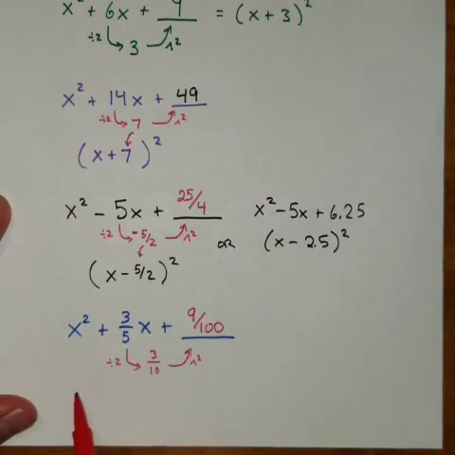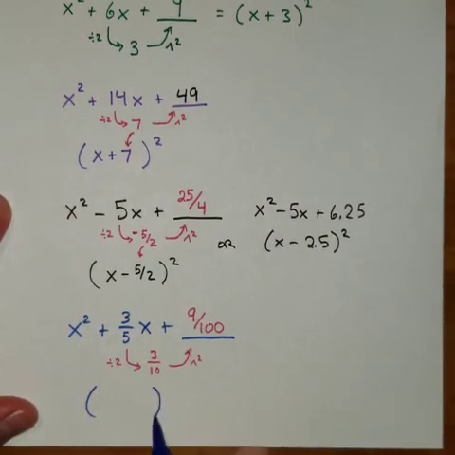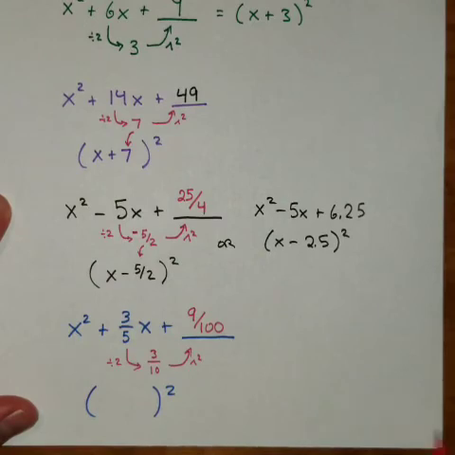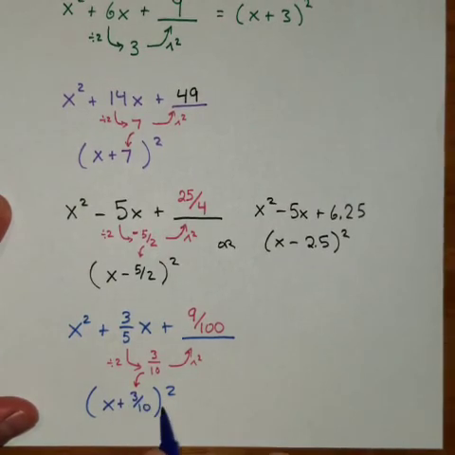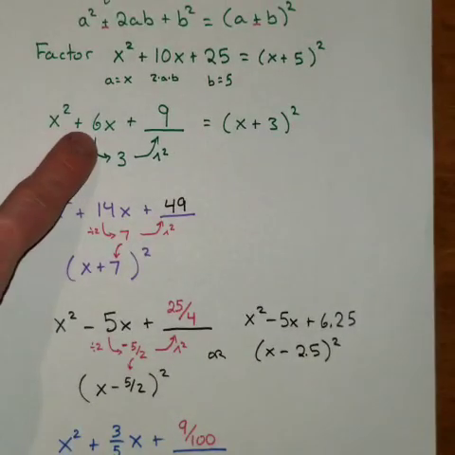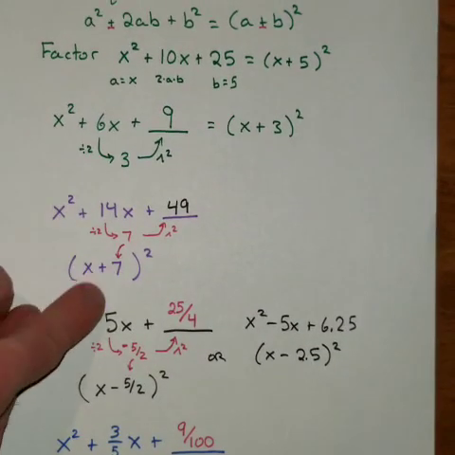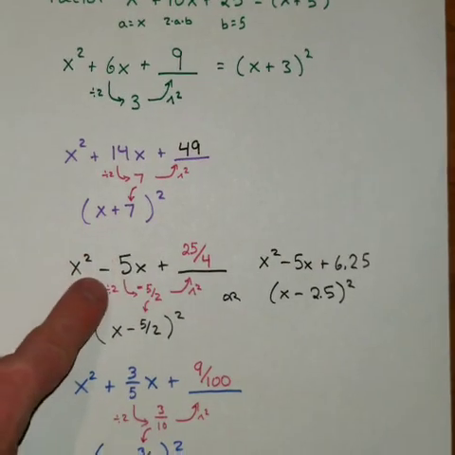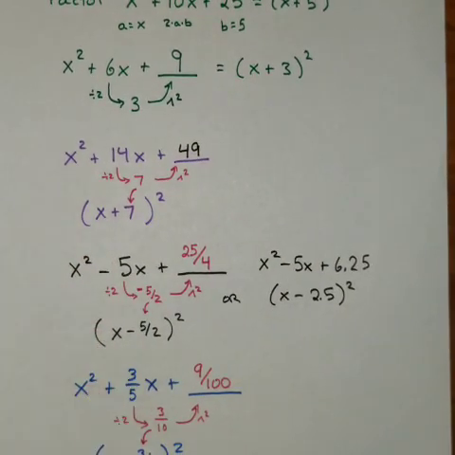And then the factored form, let's switch our color back. The factored form is going to include this 3/10, so it's going to be x plus 3/10 quantity squared. Okay. So we can complete the square now using even numbers, odd numbers, negative numbers, fractions, all of those.